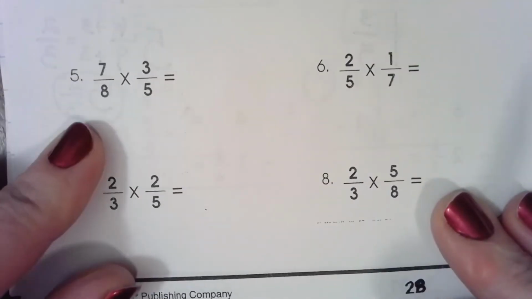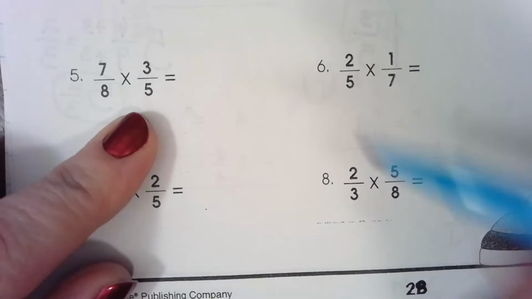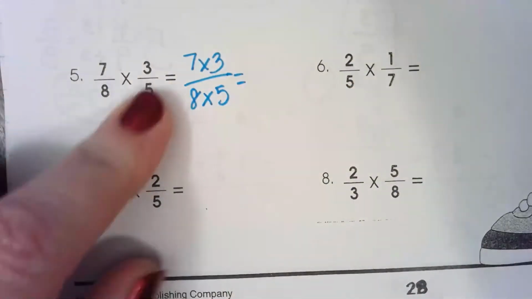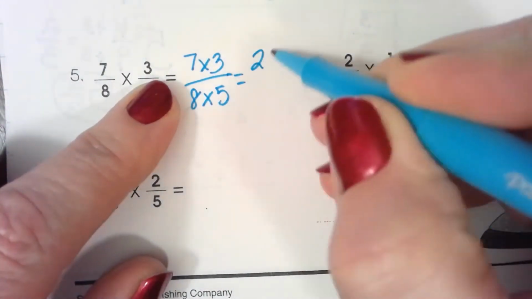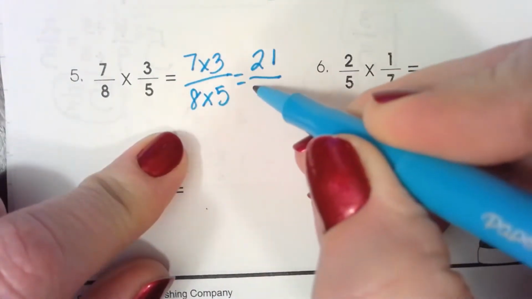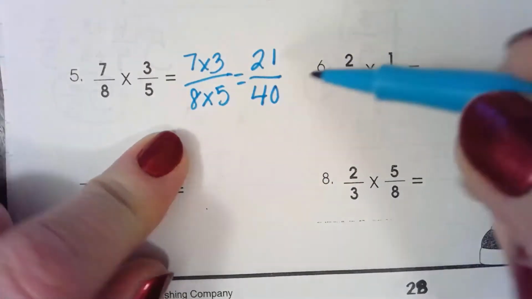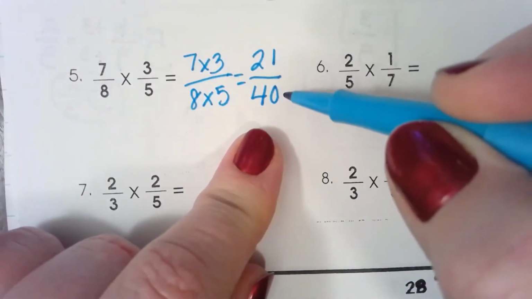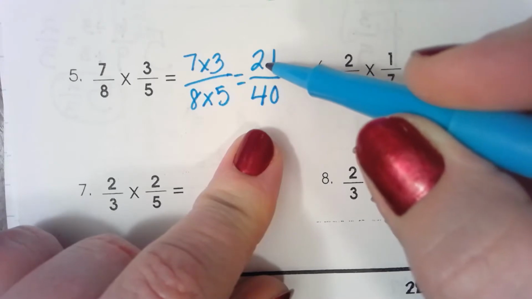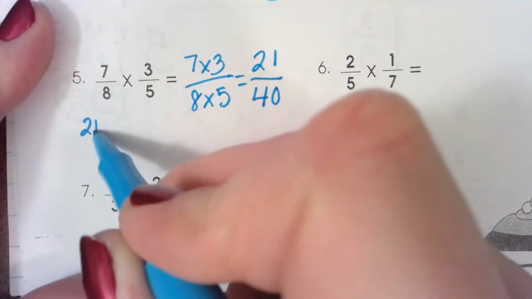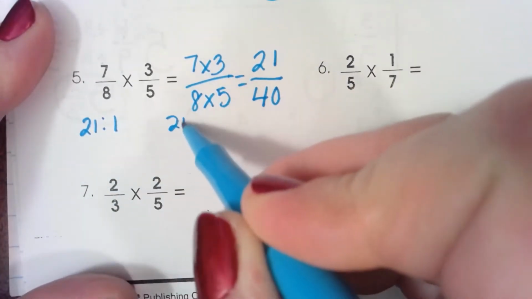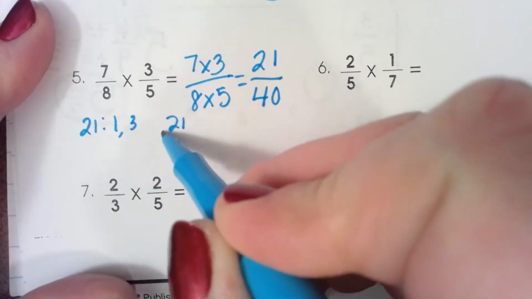Let's try another one. 7/8 times 3/5. So we take 7 times 3 and 8 times 5. 7 times 3 is 21. 8 times 5 is 40. Do they have anything in common? Well, my factors of 21, remember how we did this: 1 times 21, 3 times 7.